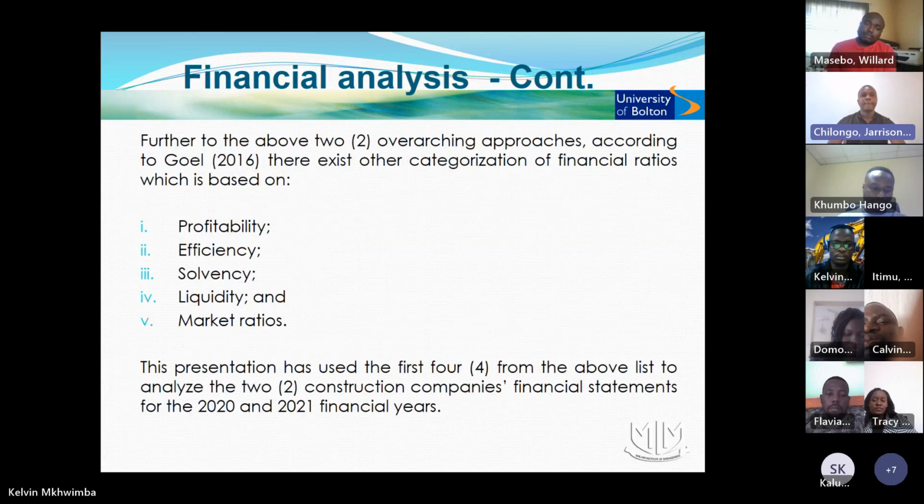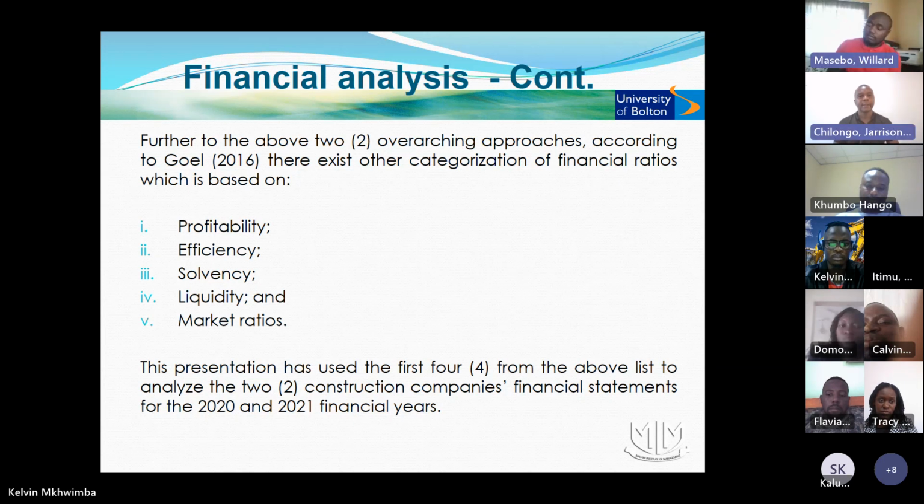That said, worth noting also, according to GOIL 2016, that there are other ratios which are global by nature, under which there are smaller or lower category ratios which fall under those broad categories.